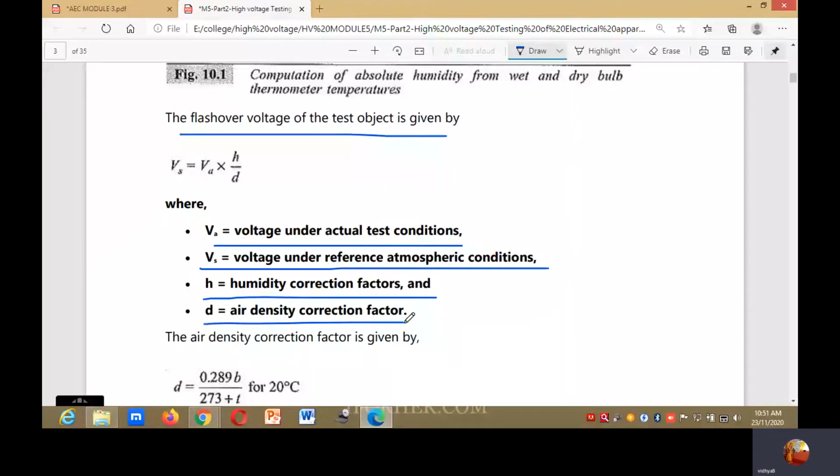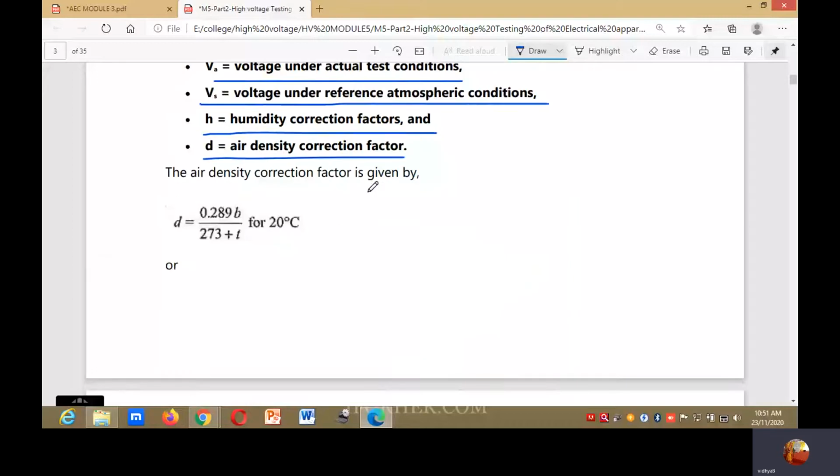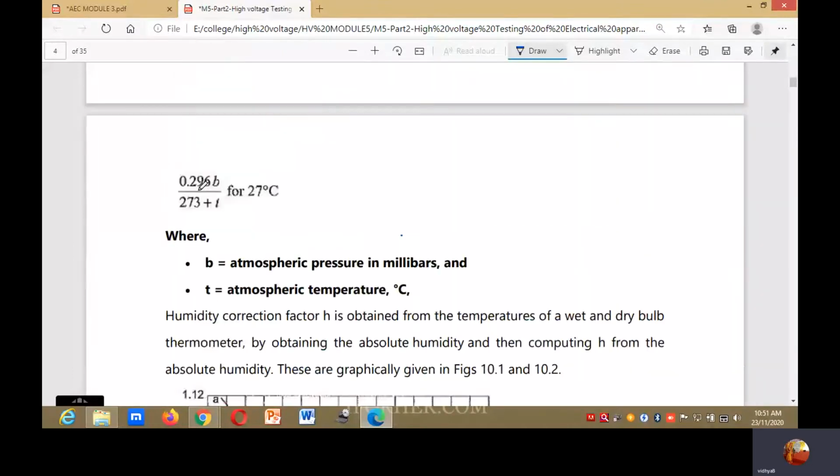The air density correction factor is given by D equal to 0.289 B divided by 273 plus T for 20 degrees Celsius, and 0.9296 B divided by 273 plus T. B is the atmospheric pressure in millibars, and T is the atmospheric temperature.